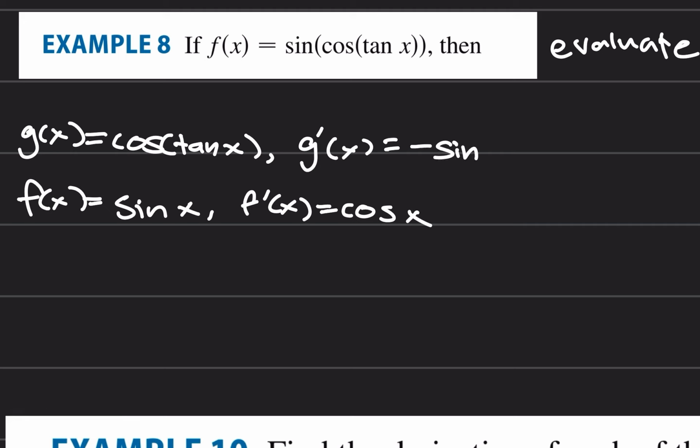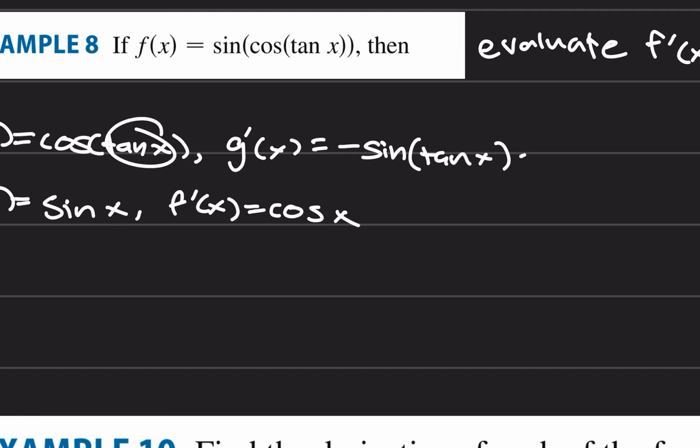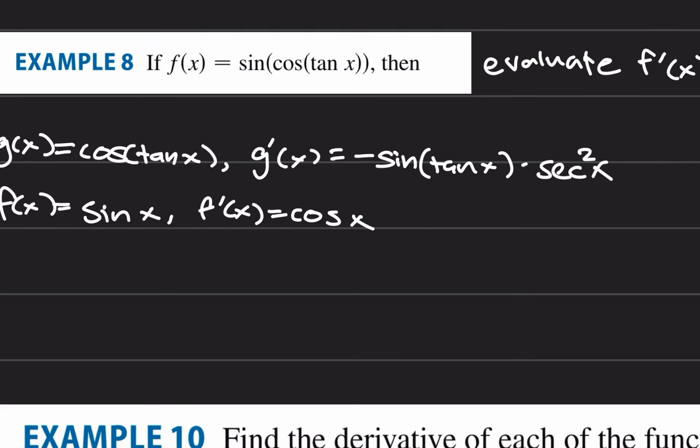We're going to take the derivative of the outer, and then substitute in the inner function, tangent of x, times the derivative of the inner, secant squared of x. Now, if you go back and use the formula and do this more slowly, you could check that this is right. But for now, we know g prime of x is equal to negative sine of tangent of x times secant squared of x.